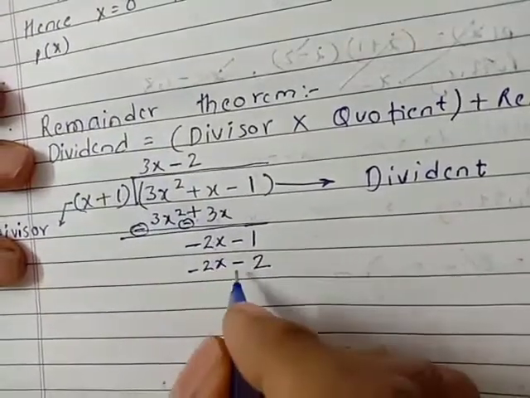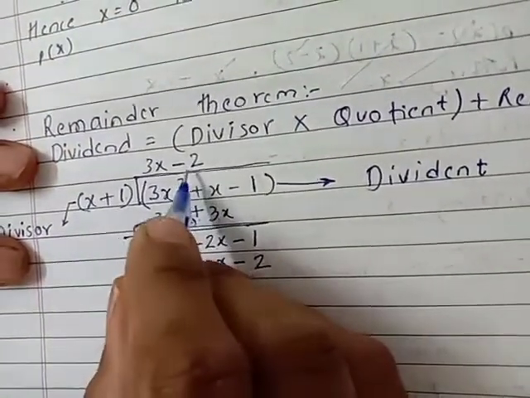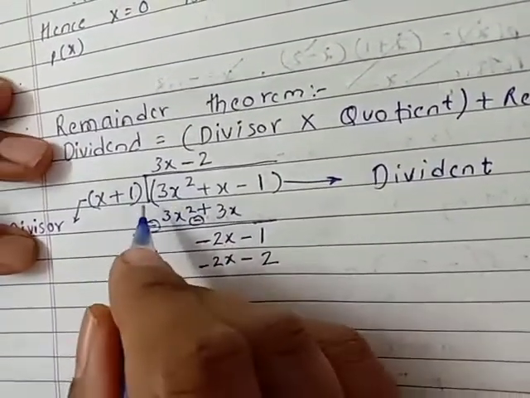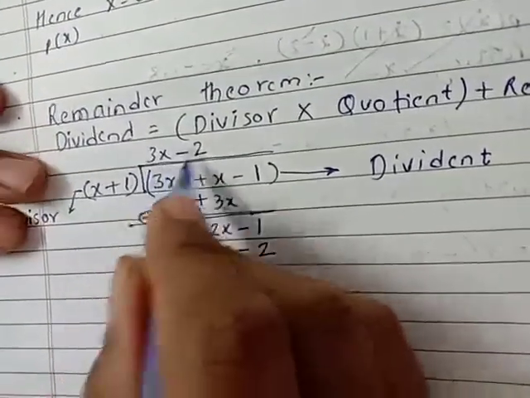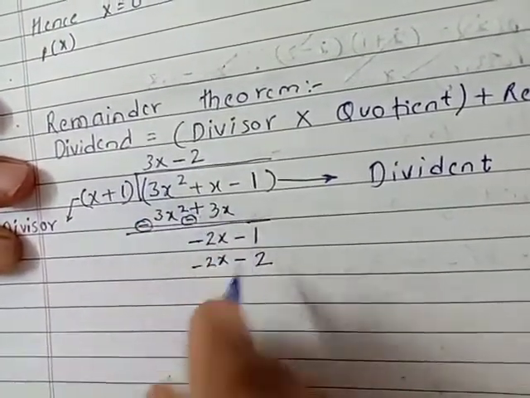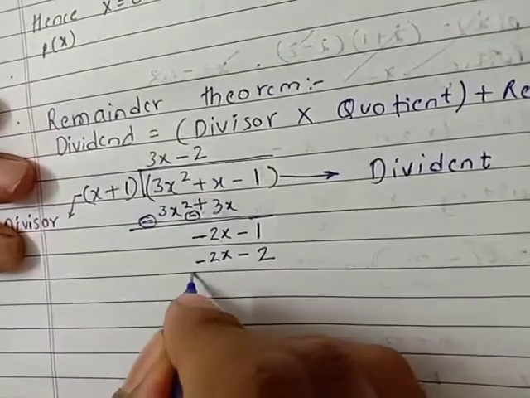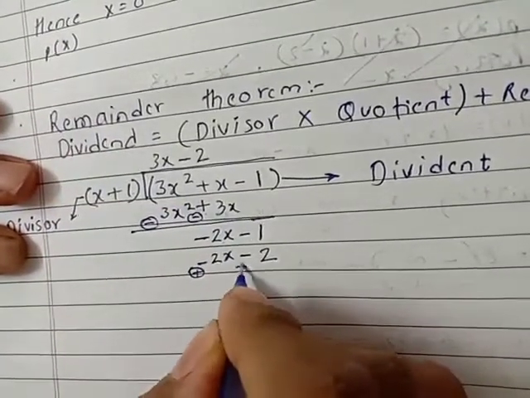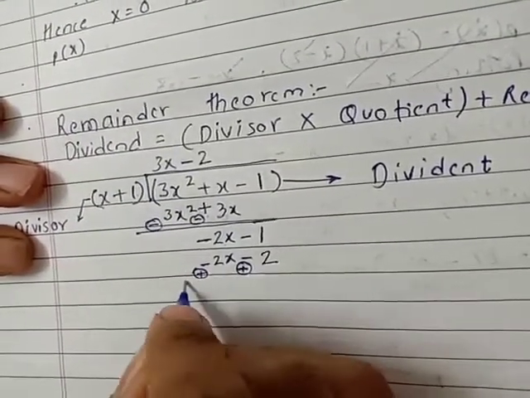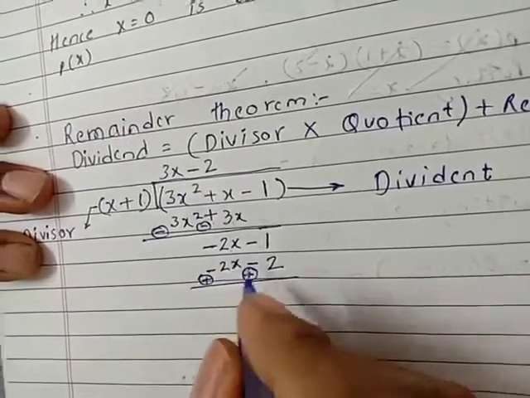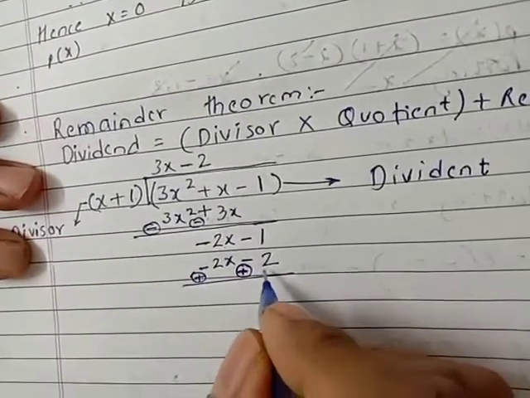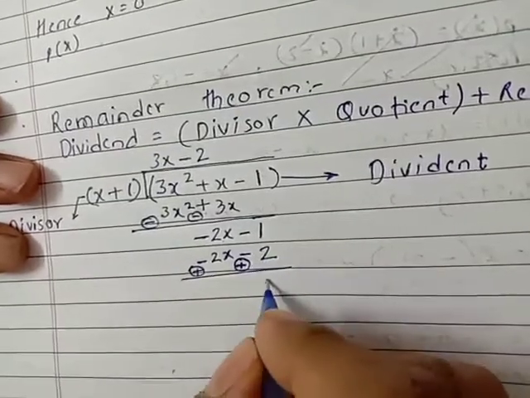Okay, now minus into plus is minus. Since it is multiplication, we do not look at the sign of the greater number, you directly multiply and write down the sign. This minus will change into plus, minus will change into plus. So what will be the result? Plus 2 minus 1 is 1.